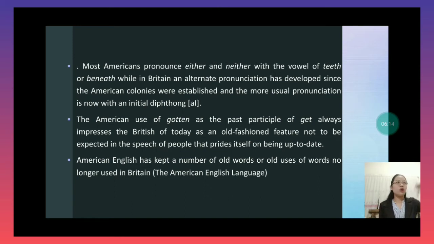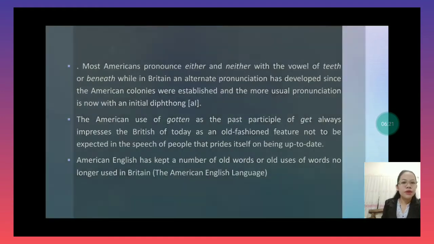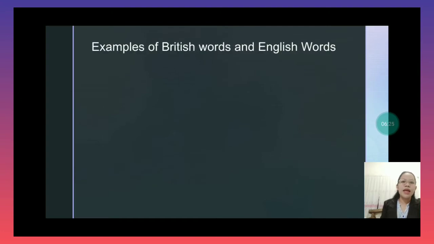Now we usually spell color as C-O-L-O-R, something like that. Now you will get to know more in the next slides. Examples of British words and American words.